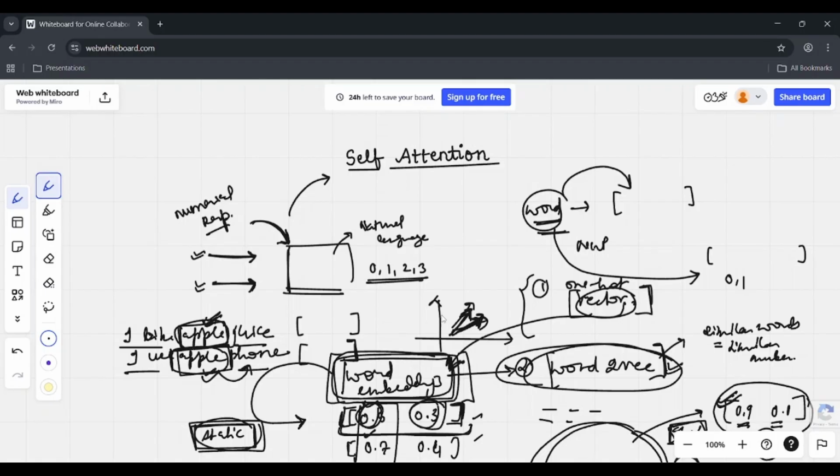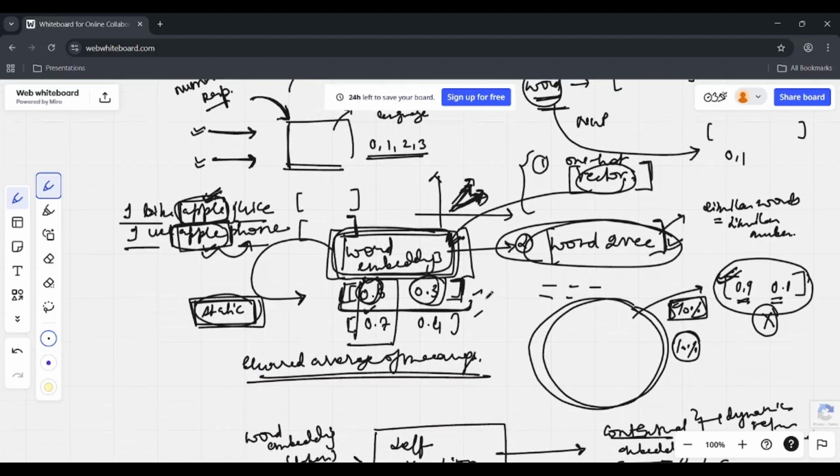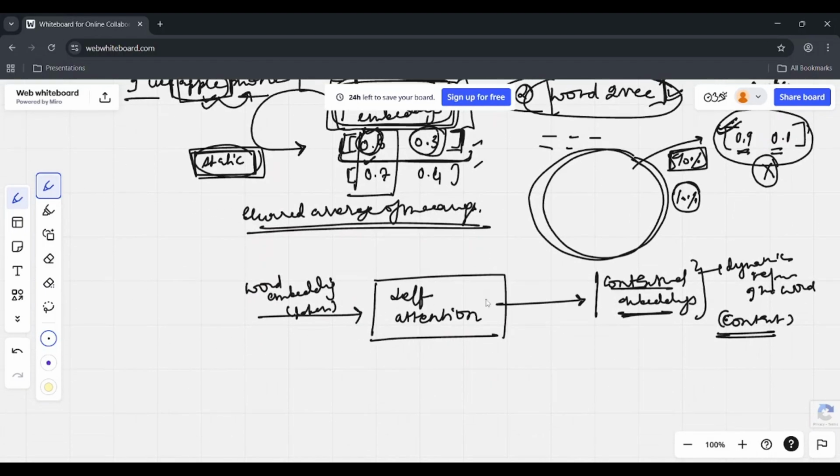It was a blurred average of meanings. We wanted something more specific that changes based on the context in the sentence. So that is why from word embeddings we moved to contextual embeddings. Whenever we want to convert our word embeddings into contextual embeddings, we use self-attention.